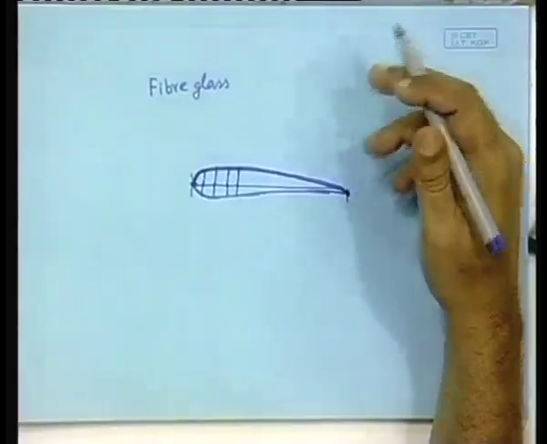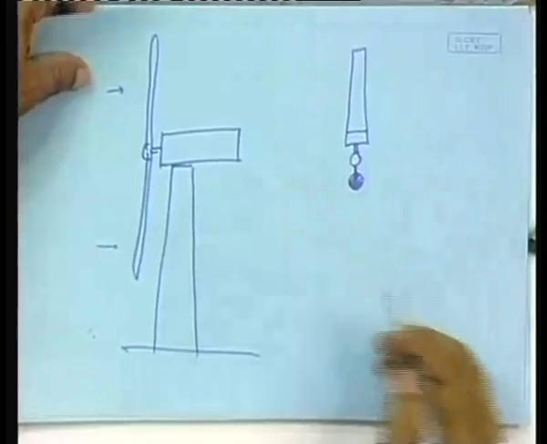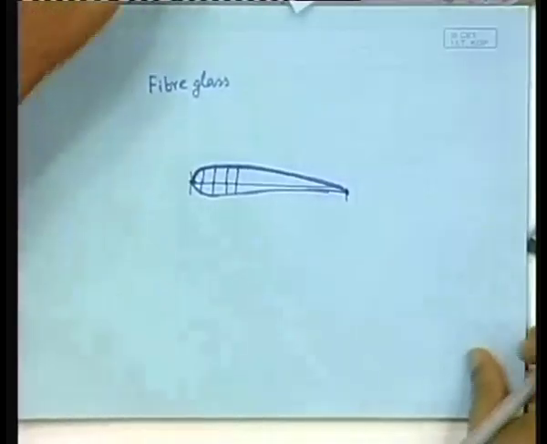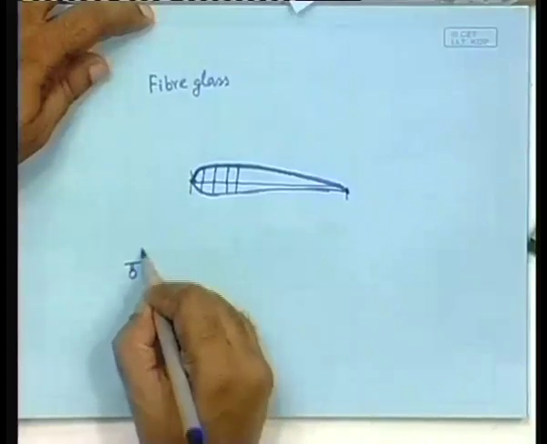Obviously, since the chord length appears in the equation for the lift force produced, you have seen that lift force has the area term, which is essentially dependent on the chord length. The chord length plays a role in the design, but obviously, let me draw separately. Suppose you have got a wind turbine, something like this.